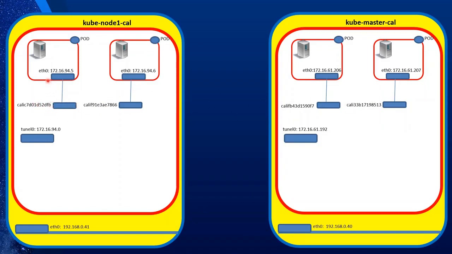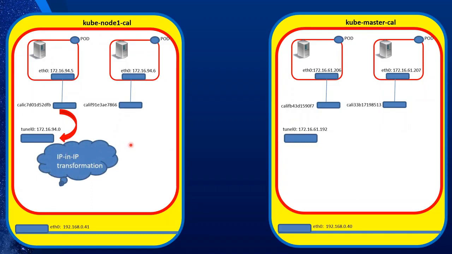However, if one pod wants to communicate with another pod on a different server, then as we saw, it has to go through the tunnel. And the tunnel is where the IP-in-IP transformation occurs.